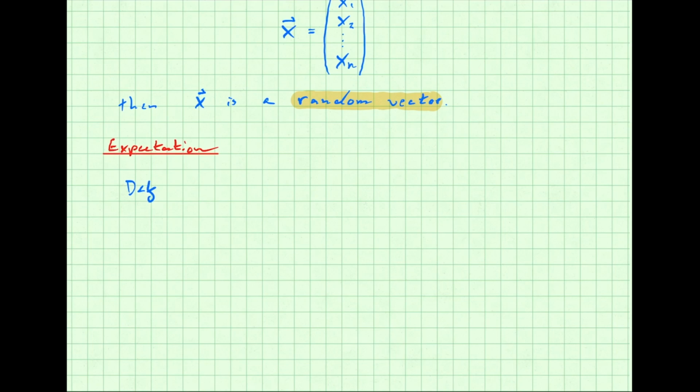So here's our definition of expectation value. The expectation value of a random vector is what we want to define, and we're just going to define it as a vector of expectation values.